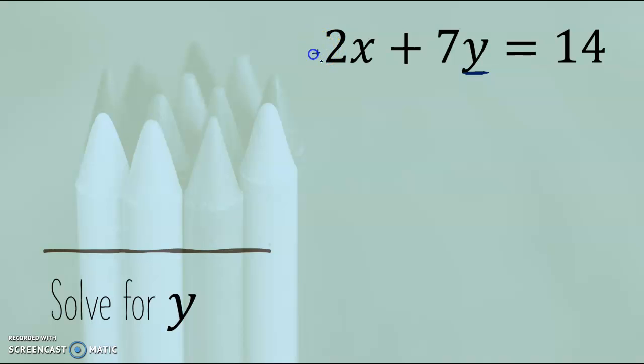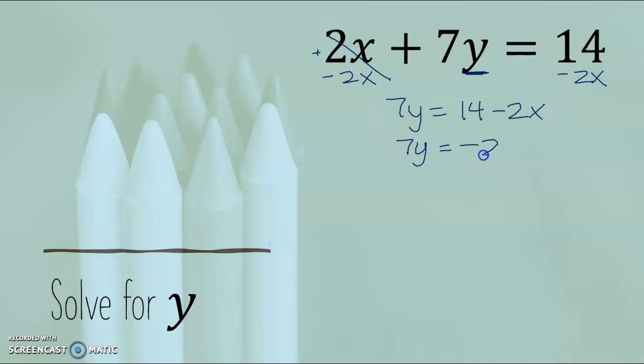The 2x has an understood addition, so we're going to subtract 2x from both sides. And we did that because 2x minus 2x is going to cancel out, which leaves us with 7y equals 14 minus 2x. Or we can rewrite this so that the x term is in front with negative 2x plus 14.